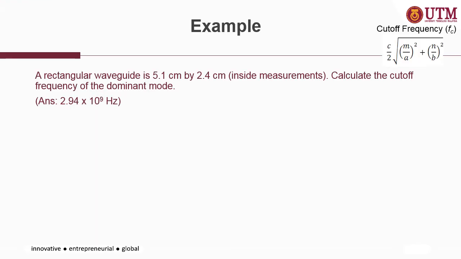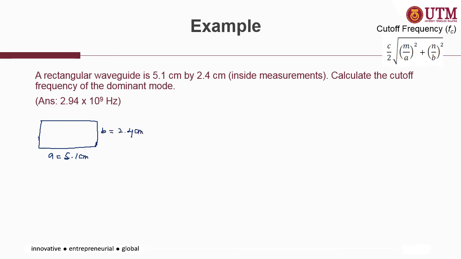Okay, let's look at an example. A rectangular waveguide with dimensions of 5.1 cm by 2.4 cm. So the longest dimension will be your A, equal to 5.1 cm, and B equal to 2.4 cm.